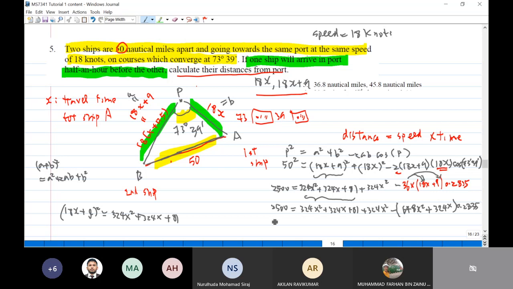There are a lot of x squared, it becomes very messy now.